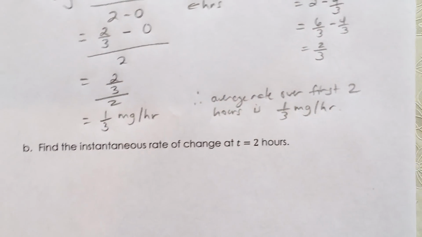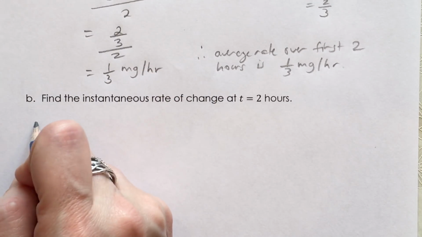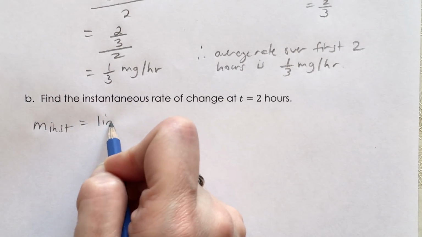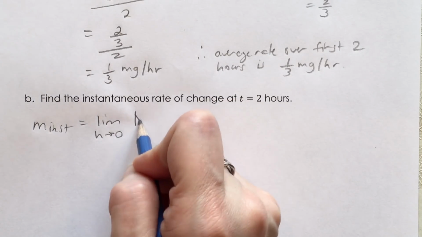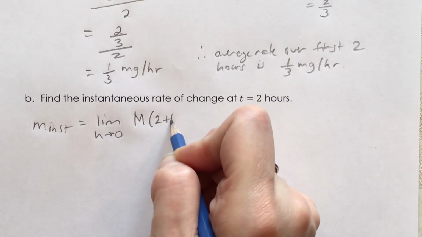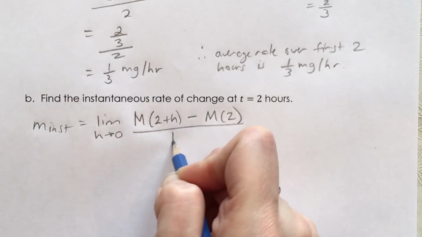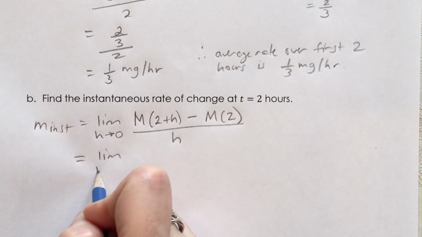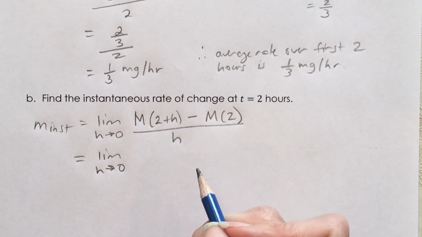So now we're involved in calculus. The instantaneous rate, M instantaneous, is going to be the limit as h approaches 0 of capital M at 2 plus h minus capital M at 2, over h. So we've got to figure out M at 2 plus h.